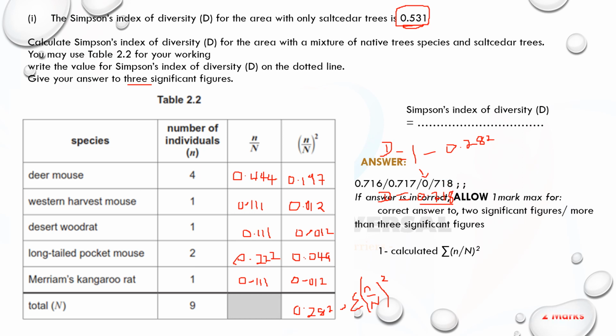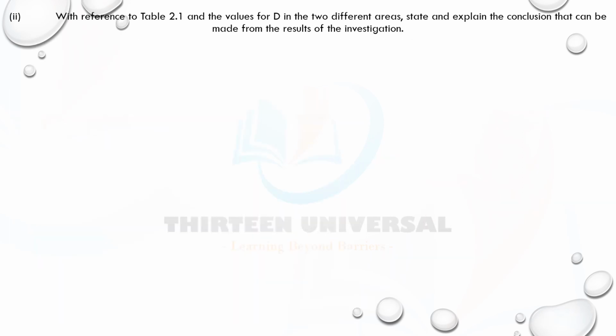So, 2 marks. They say, with reference to table 2.1 and the values for D in the 2 different areas, state and explain the conclusion that can be made from the results of the investigation. Pause the video and try to write it, please.